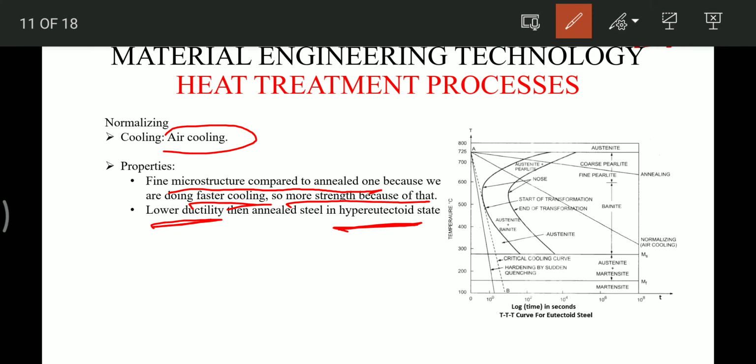In the previous figure, friends, you can see this is the annealing. This is the cooling curve for normalizing, sorry, this is the normalizing air cooling, and this is the curve representing the cooling curve. This is the start point for the transformation, and this is the stop point for the transformation.